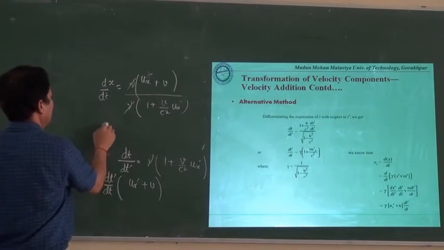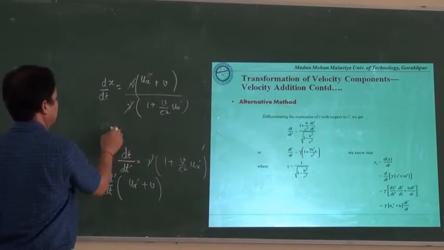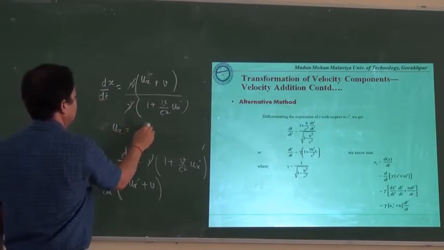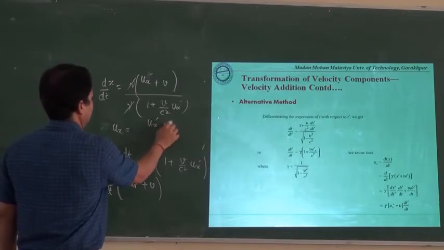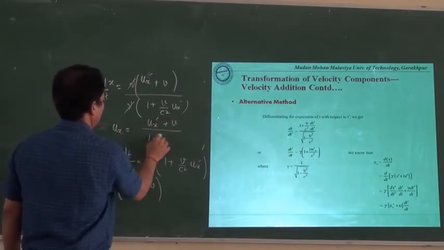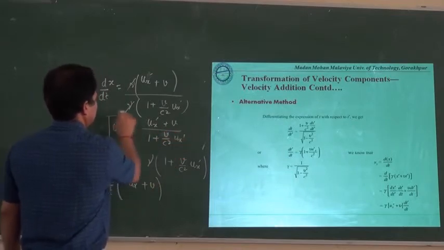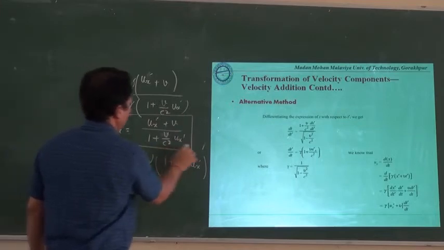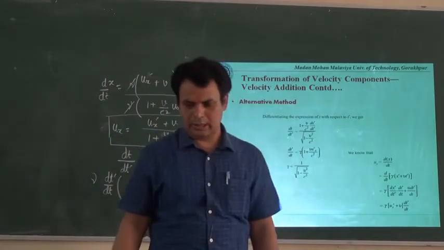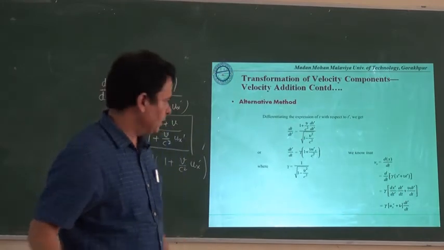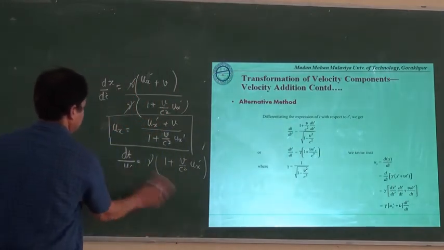Gamma will cancel out. We will have the x component of velocity, that is ux, equal to ux dash plus v upon 1 plus v upon c square ux dash. This will be the x component of the velocity and their relation when we are observing it by being in the different frame of reference.